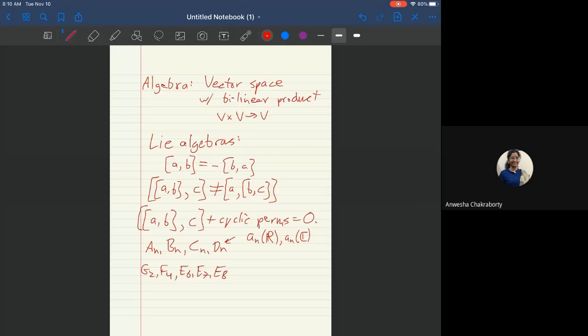I should have said anti-Hermitian. In other words, A dagger is equal to minus A are the elements in here, so anti-Hermitian n by n matrices with entries in the complex numbers. So the real case is the Lie algebra SON. When you put complex numbers in, that's SUN, and when you put quaternions in, that's SPN, the symplectic Lie algebra.